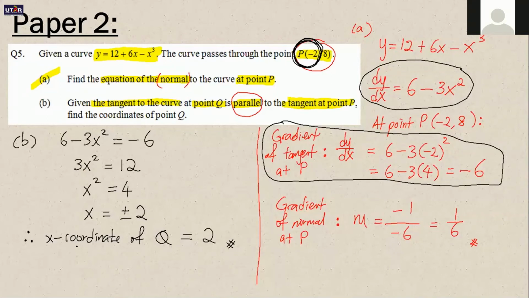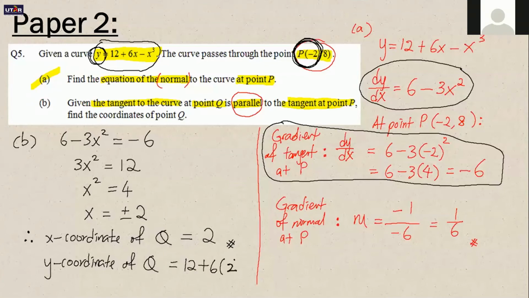Okay? Then what about the y coordinate? How to find the y coordinate? Since point Q lies on the curve also, I can find the y coordinate by using the equation of the curve. So the y coordinate of Q will be, substitute the 2 into the formula. So 12 plus 6x, the x is 2, then minus 2 power 3.